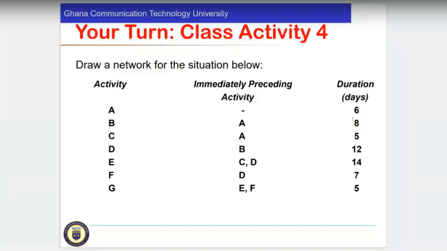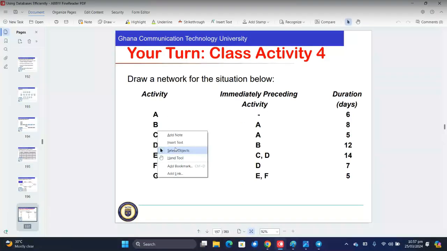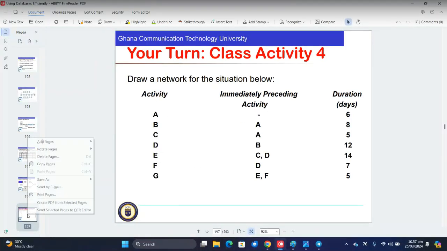Okay, so let's try our hands on this. I don't know if I can take this particular one. I don't know if it's possible. Let me see how best I can get this particular one. Copy this page.